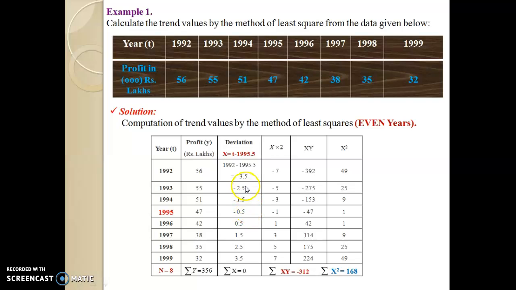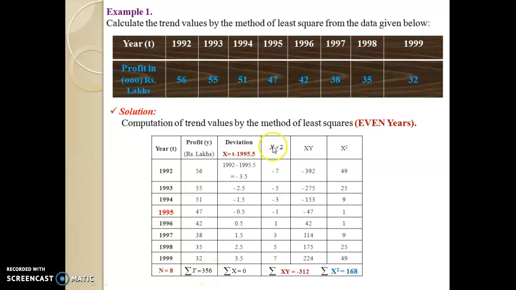We can calculate the same procedure till 1999. This is the last year, that is 3 plus 3.5. As per the procedure, the sum of the deviations is 0, and the profit of the given problem, summation of y, is equal to 356.